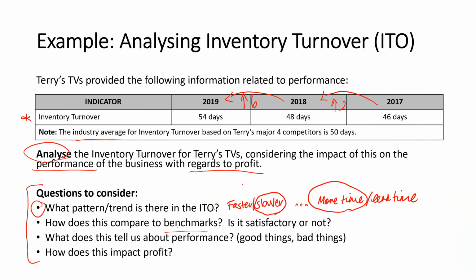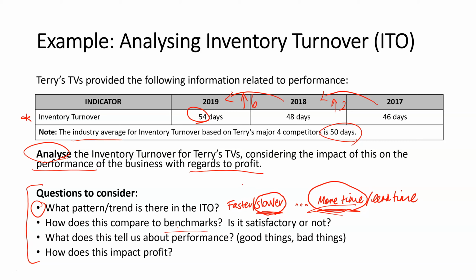So then let's compare that to the benchmark. So we can compare to the previous period, and we've done that a little bit by saying that it's slower and it's taking longer, but we can also compare to the industry average, which in this case is 50 days. So when we have a look at our 2019 data, our most recent data, you can see that we're at 54 days.